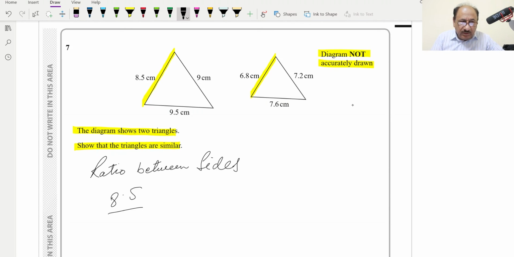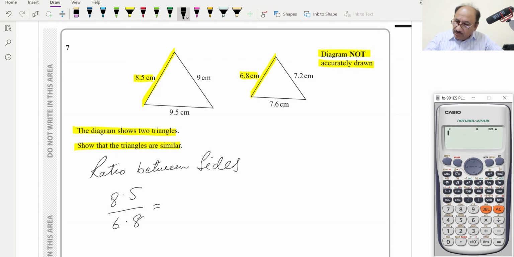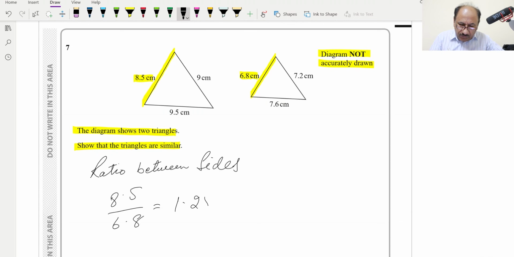So 8.5 divided by 6.8, this one divided by this one. We can check with the calculator: 8.5 over 6.8 is equal to 1.25. 1.25 is the ratio between these two sides.